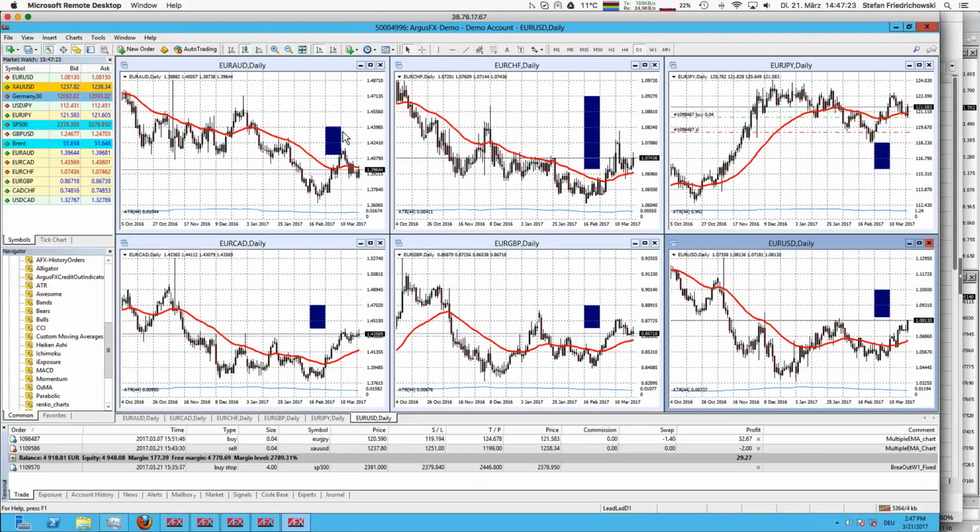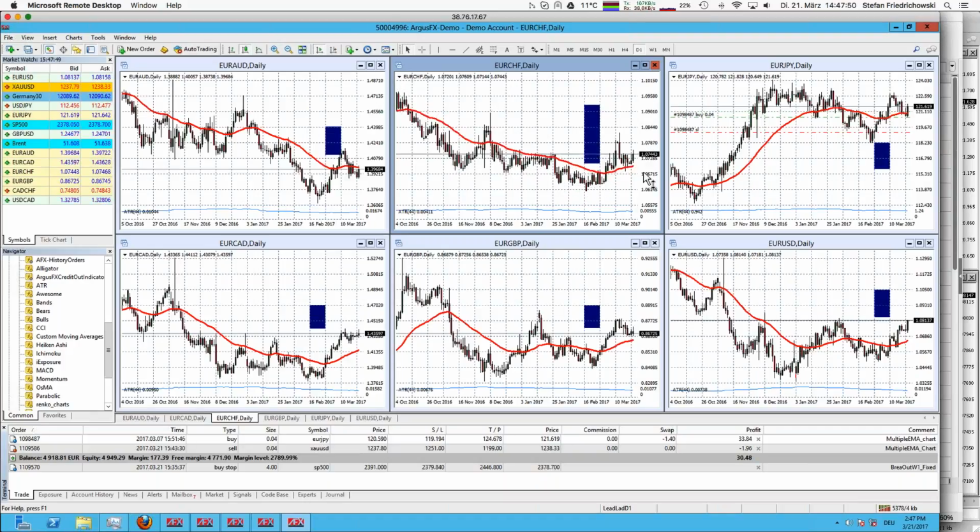And since I now know that such a blue box has a height of 2%, you can immediately see by eye that Euro Swiss franc is completely scaled differently. Because the box is that huge here, I have to rescale the chart so that it would represent 2% in the same height.